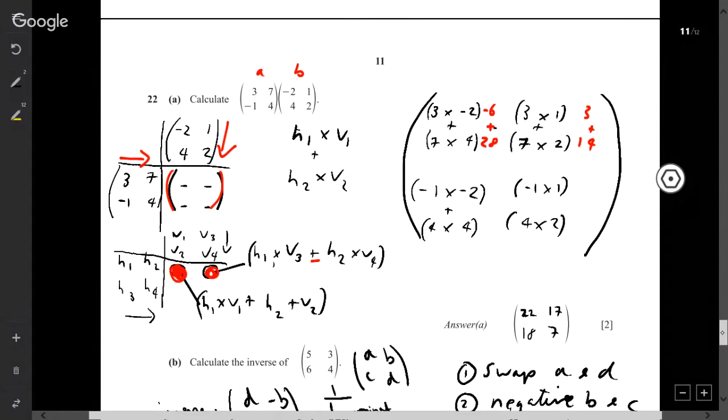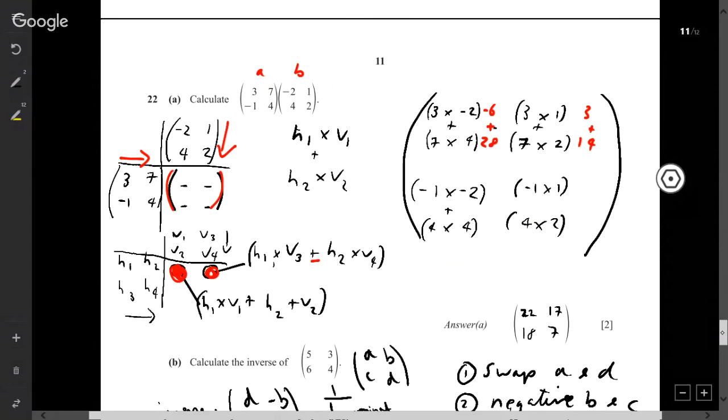Next, h3 times v1, minus 1 times minus 2, and h4 times v2, 4 times 4. And same again here, h3 times v3, minus 1 times 1, and h4 times v4, 4 times 2.